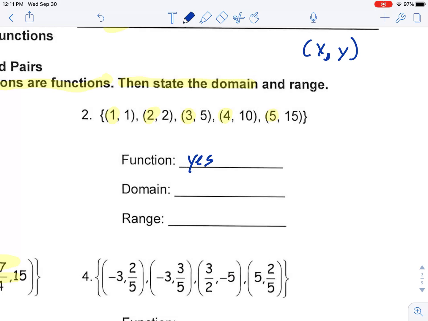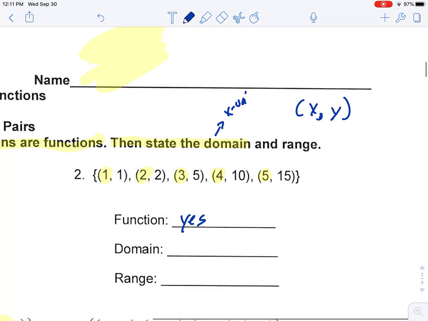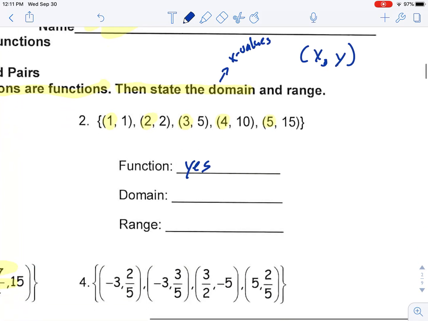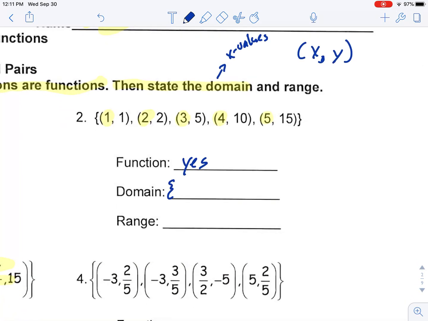This is also easy. Domain simply means x values. Oh, my handwriting, good grief. So to state the domain, you put one of these funny brackets down, braces as they're called, and we're going to write 1, 2, 3, 4, 5. And that's that. That's the domain of that function.